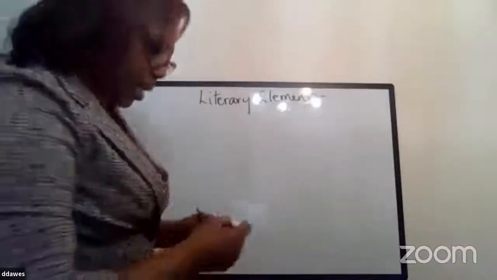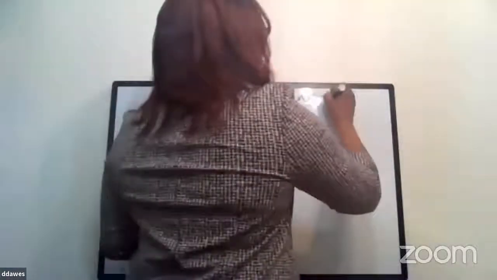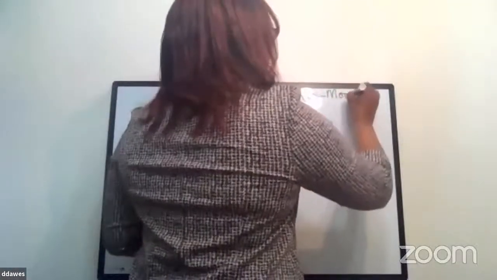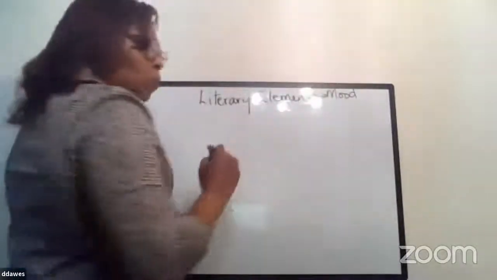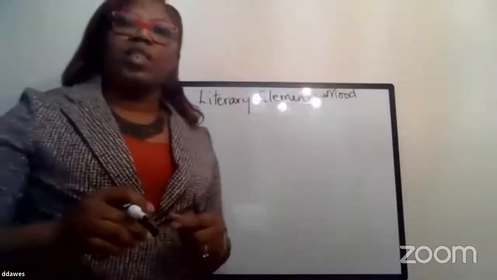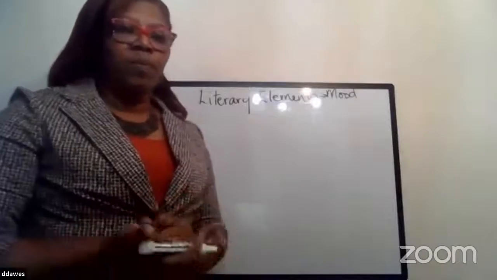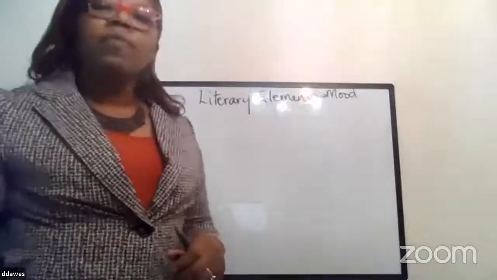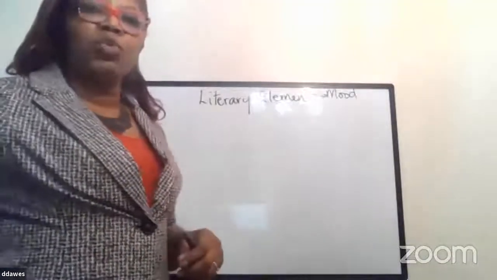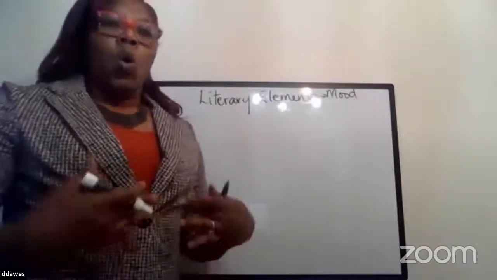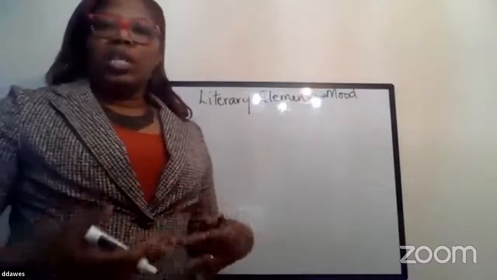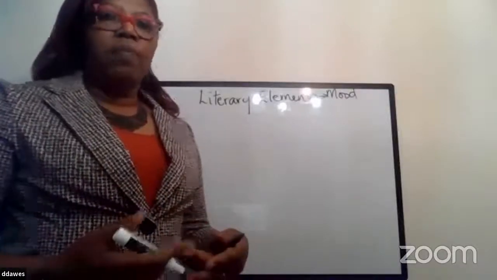Okay, so let's look at mood now. And what did we say mood was again? If tone has to do with the writer's attitude, what is mood? Right, mood has to do with the audience's emotions, feelings that are evoked from what the readers read.